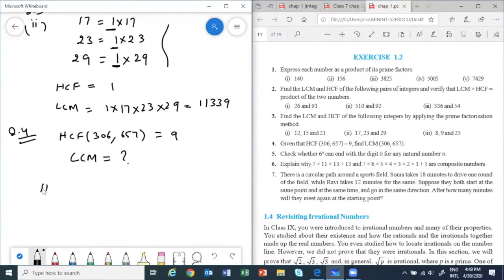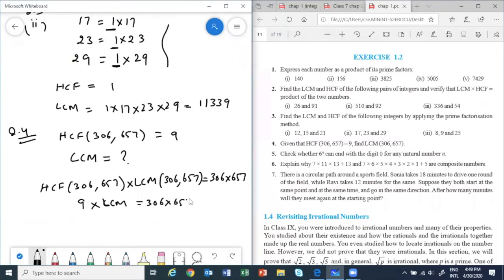We know that for two numbers, HCF of 306 and 657 multiplied by LCM of the same numbers will be equal to 306 into 657. Correct. So the HCF is given as 9. So I can find the LCM.